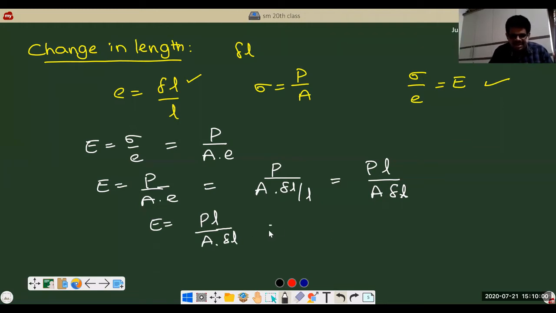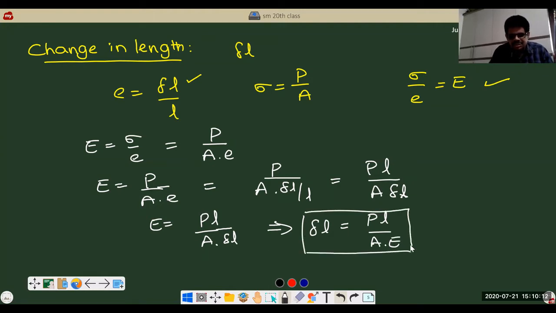This is simple mathematics. So we get delta L is equal to PL by A into capital E. This is a direct relation which is used to find out the change in length, which has to be remembered for solving the problems. If you know all these formulas, then you can find out the value of delta L. Or if you know this formula, simply you can find out the value of delta L. Just make a note of these things.